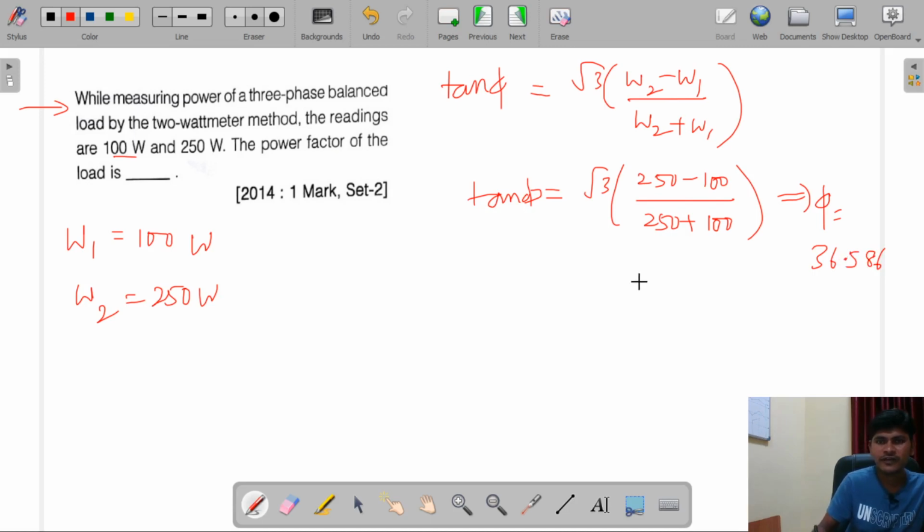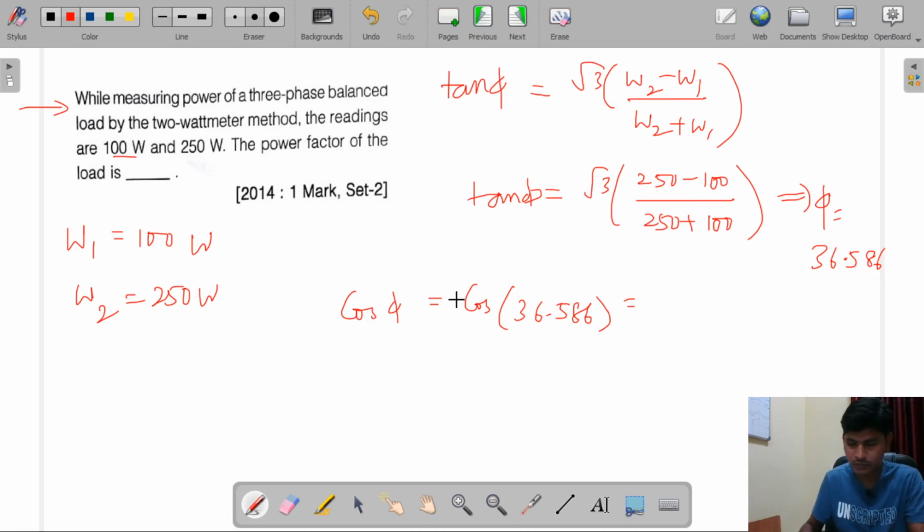Okay, then cos phi will be nearly equal to 0.8, I think. Cos of 36.586 is nearly equal to 0.8. Okay, so the power factor is 0.8.